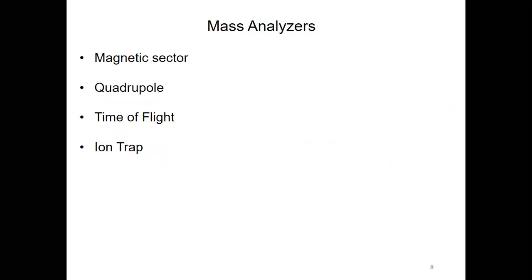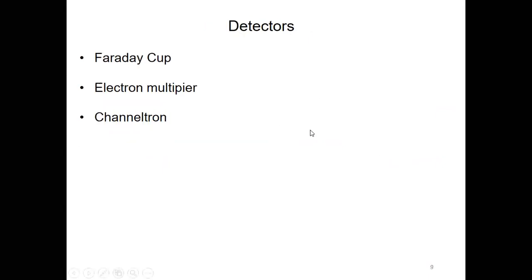These 4 types of mass analyzers are commonly used in mass spectroscopic measurement: magnetic sector, quadrupole, time of flight, and ion trap. So these are 4 different types of mass analyzers. We will discuss these in detail also.